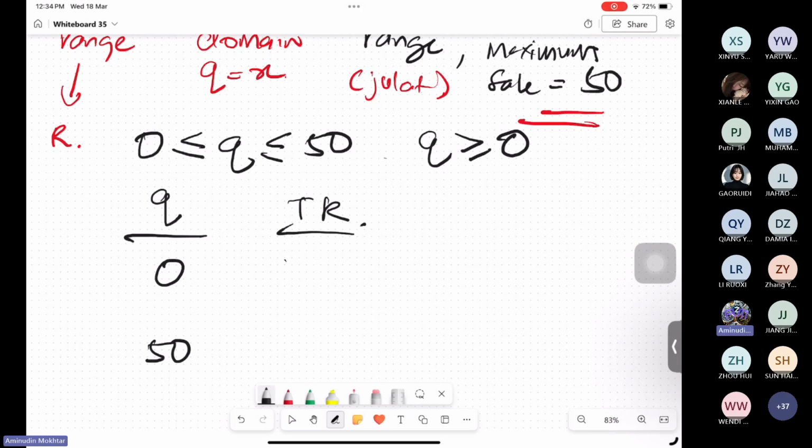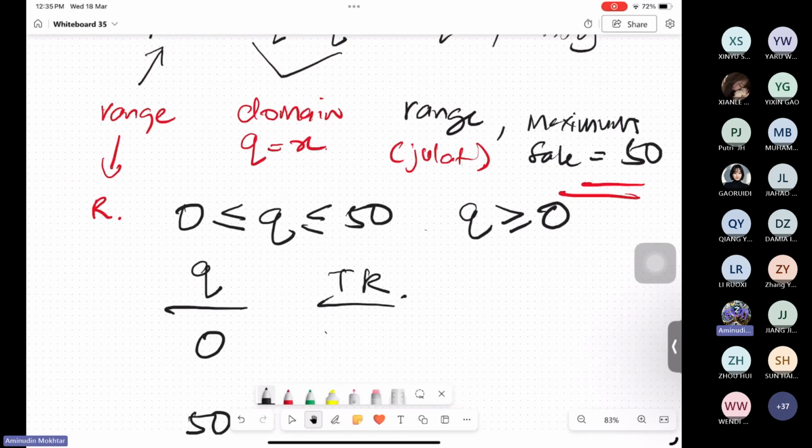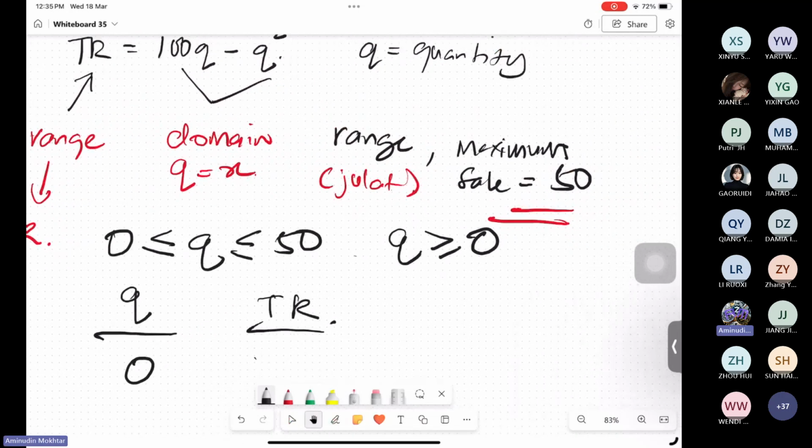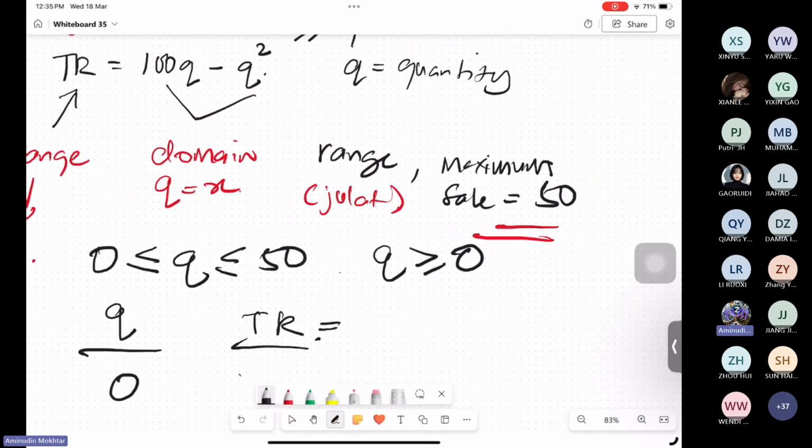What is TR when Q equals 0? And when Q equals 50, what is the value of TR? TR equals 100Q minus Q squared.